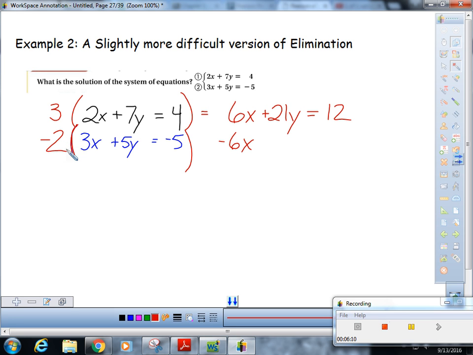I'd have to multiply it by negative 2. So negative 2 times 3x is negative 6x. Negative 2 times positive 5y is negative 10y. And negative 2 times negative 5 is a positive 10. Okay? Wow, there it is.